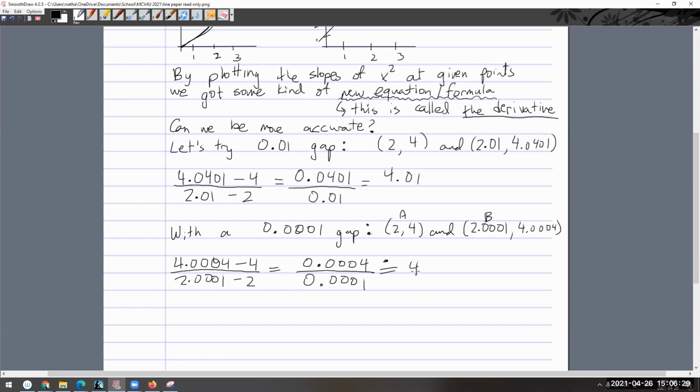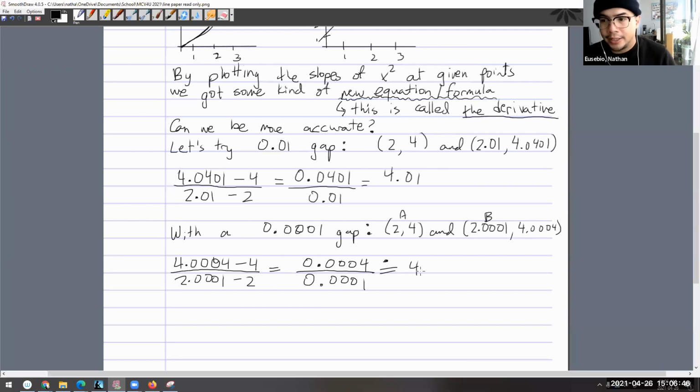So I think the best estimate that we can get is 4 if we keep the gaps steadily shrinking. If we keep shrinking our gaps, we can get more and more accurate answers. But it's not ultimately the best thing we can do because we're still estimating at the end of the day. We don't want an estimate, we want a definite answer, right?